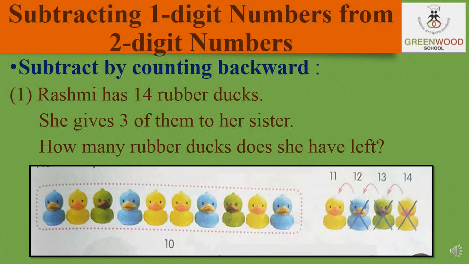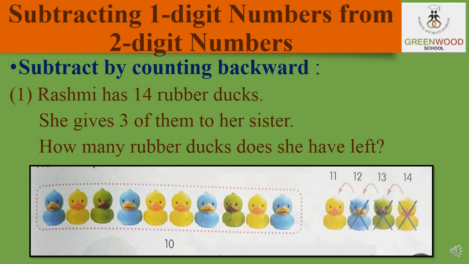As you can see in the picture, there are 14 rubber ducks, out of which 3 she gave to her sister. So we'll cancel the last 3 ducks. Now we'll count backwards. That is, we'll start counting from 14. 14, then 13, 12 and 11.